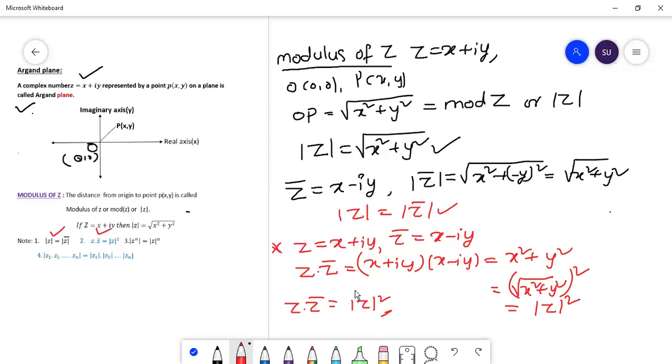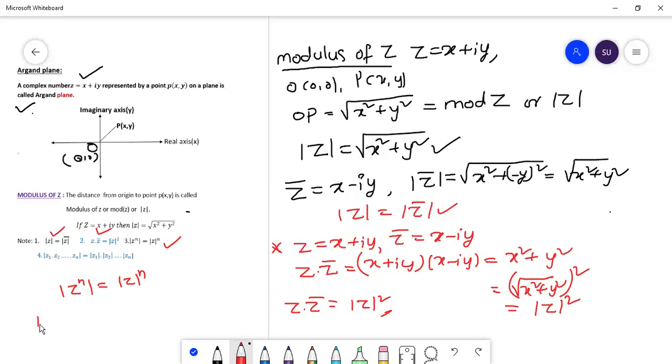In the same way we can define other properties also. The third property: mod z power n is equal to mod z whole power n. Suppose this fourth property is for z1 into z2 into z3 and so on.